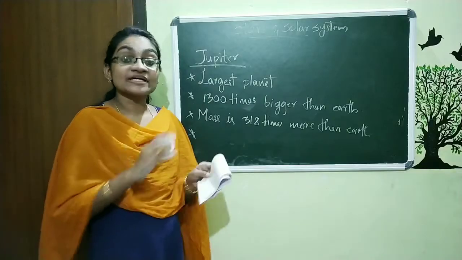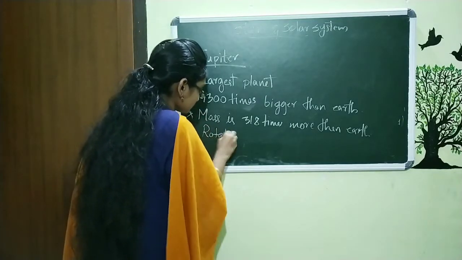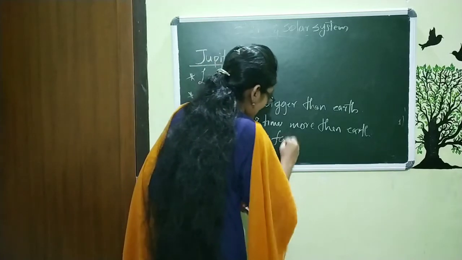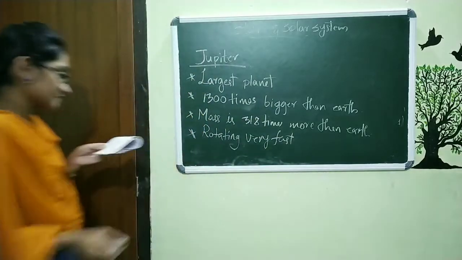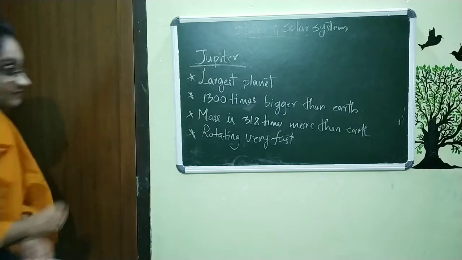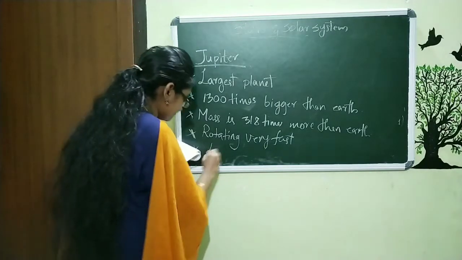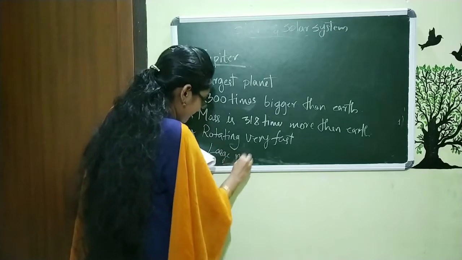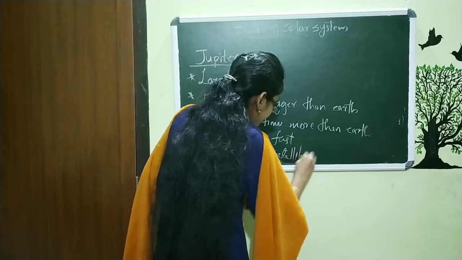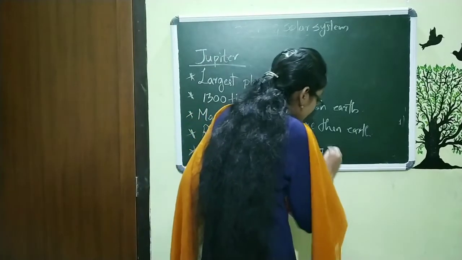This Jupiter is rotating very fast. And this Jupiter has a large number of satellites. Actually, it has 79 moons.